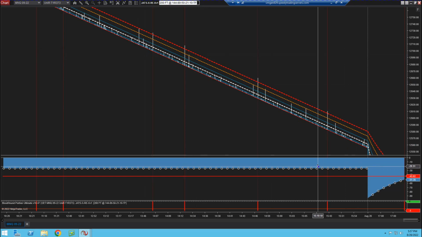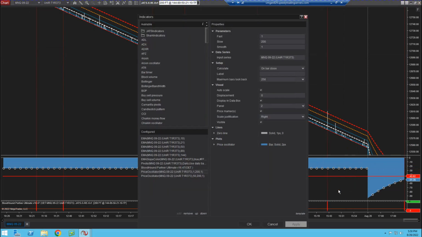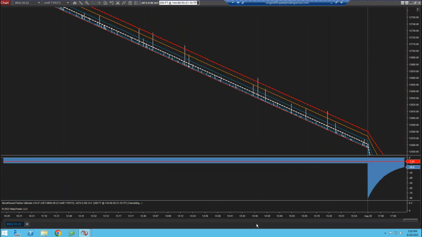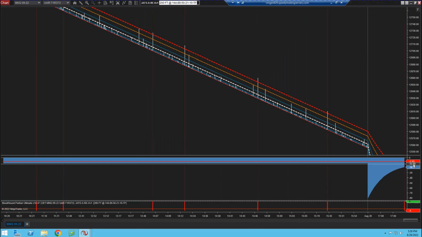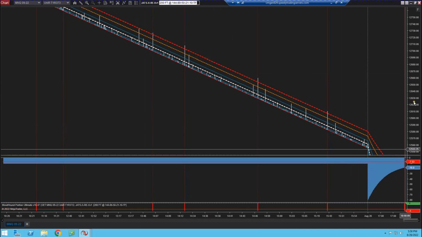I can set these to a MACD of all things, and I can put it at 189.1 and 151. And now I can see that I'm 18 points and 7.5 points away from the level.